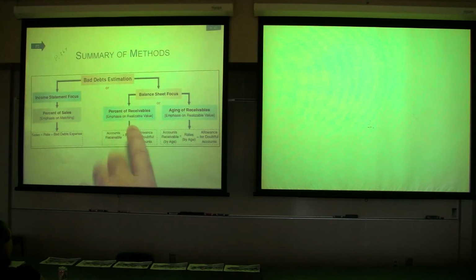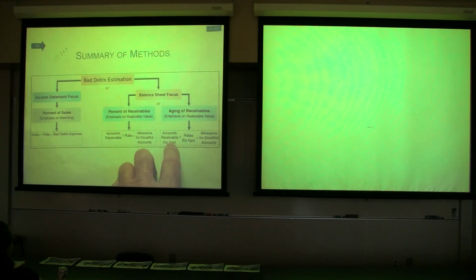And so for both, it's your balance sheet, they want you to calculate the net realizable value. It takes the allowance for doubtful accounts, which is a permanent account, and it adjusts it to match the target. So in this case, with the percentage of receivables method, it's the accounts receivable times the rate, okay? That will go to the allowance for doubtful accounts. Under the aging of receivables, it's the aging of receivables by age times rates by age for the allowance for doubtful accounts.